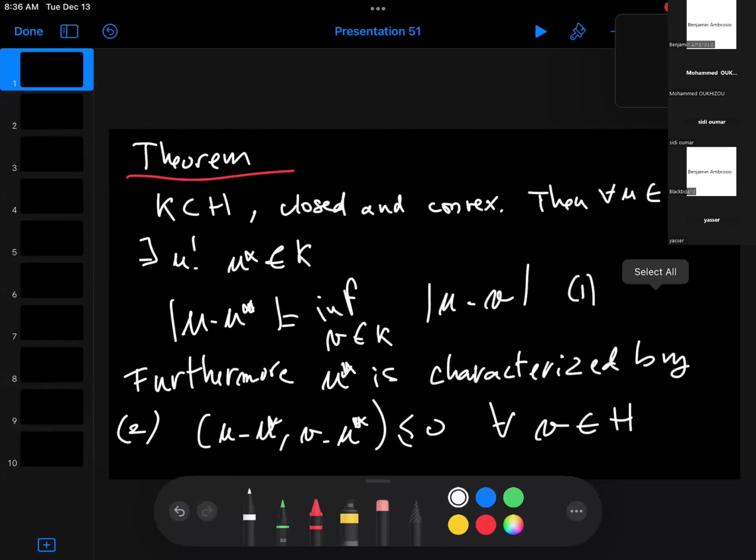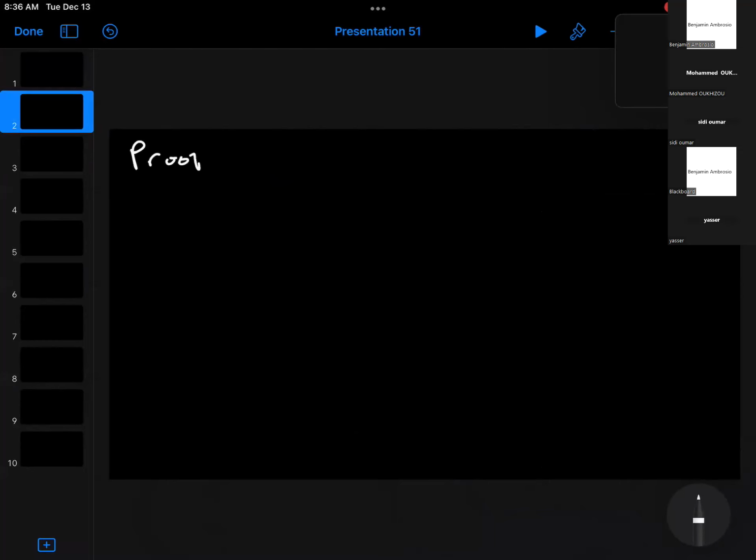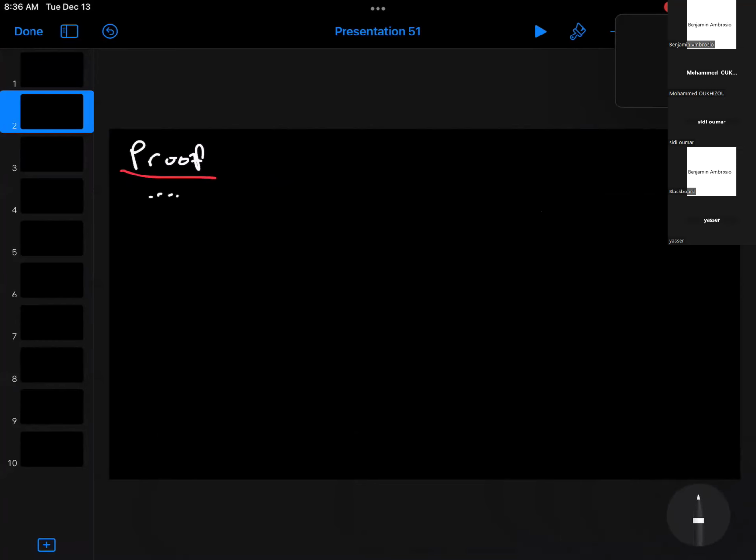So first we want to prove that if U star satisfies equality 1, then it satisfies the inequality 2. All right, so what do we have?